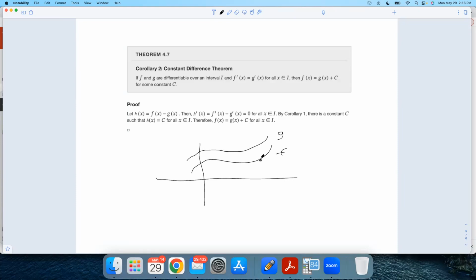So I just pick a random spot. His tangent line might look like that. Maybe he has a slope of 1.5. If I go up on g at that spot, exactly the same slope. The only way this is possible is if this is really just the same graph shifted up and down. g must be f plus or minus some constant. C here could be negative.